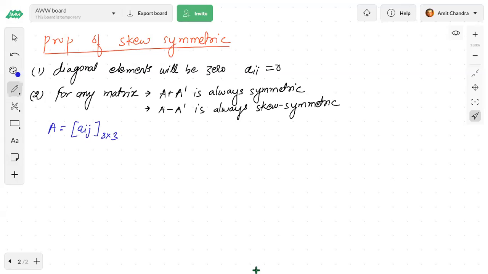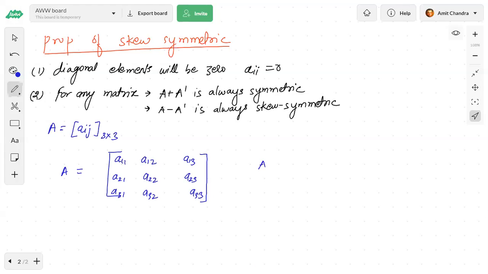Okay, fine. So suppose you have here A11, here you have A12, A13, A21, A22, A23, A31, A32, and A33. Suppose you have a matrix like this, this is A. This is matrix A, right?